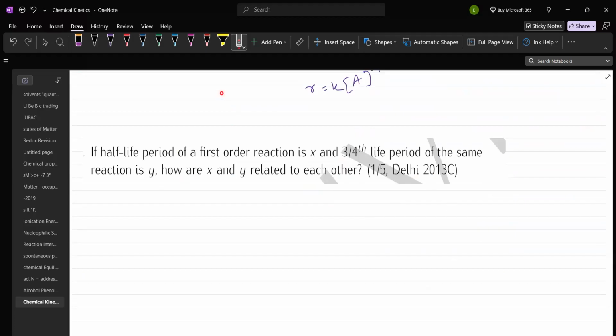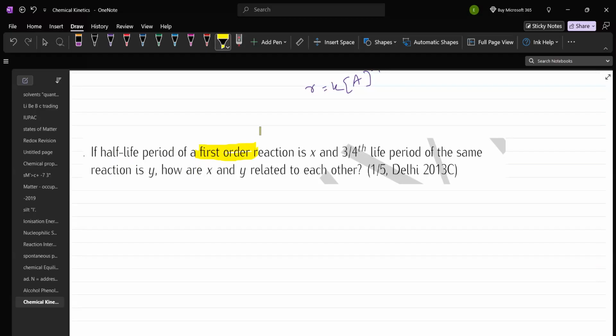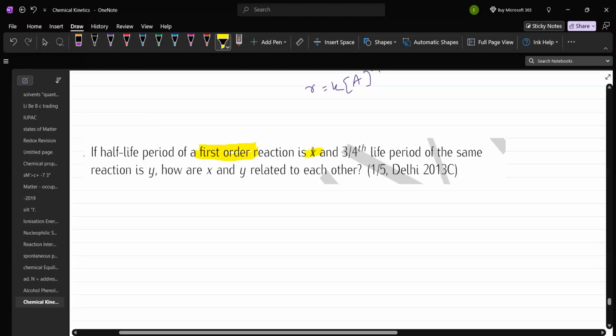Let's first read the question. The question is: the half life period of a first order reaction is x. First order reaction is already given. Lots of questions from boards come from first order reaction. So this is T half. And further the question says that 3/4 life period of the same reaction is y.